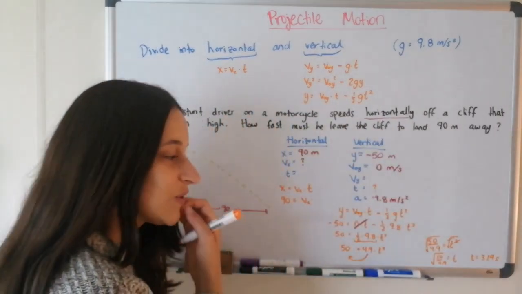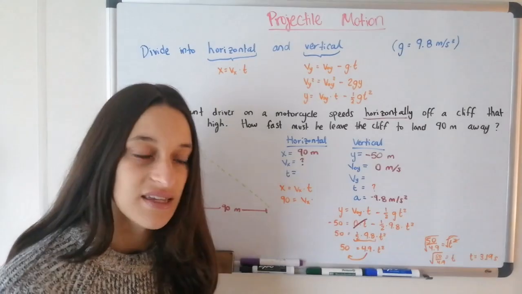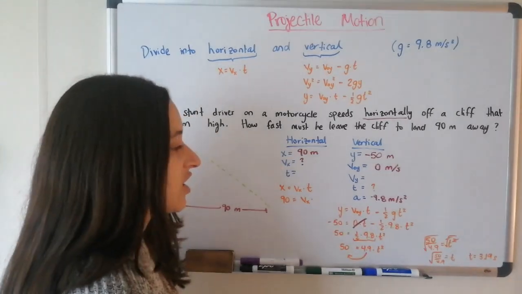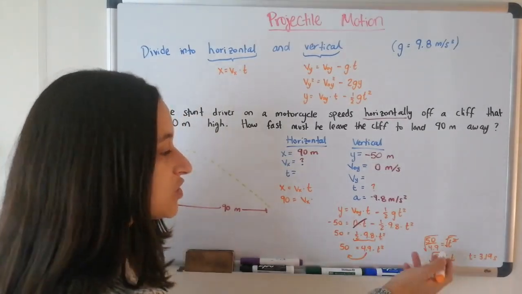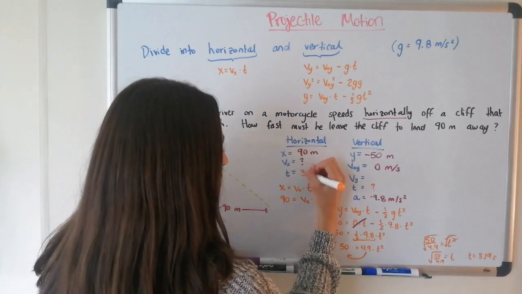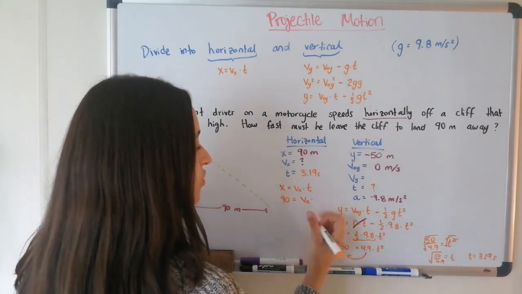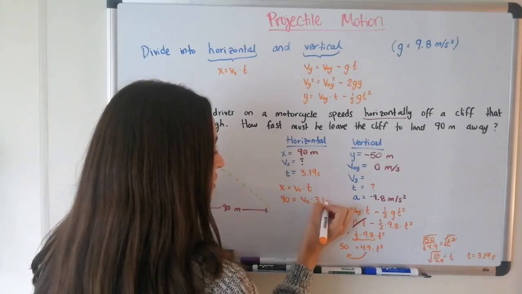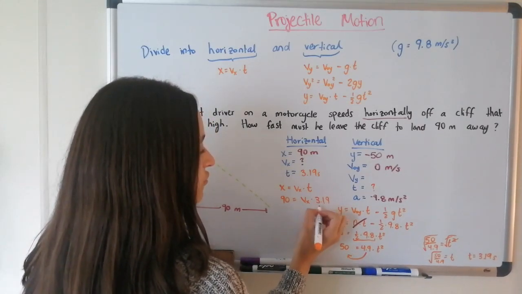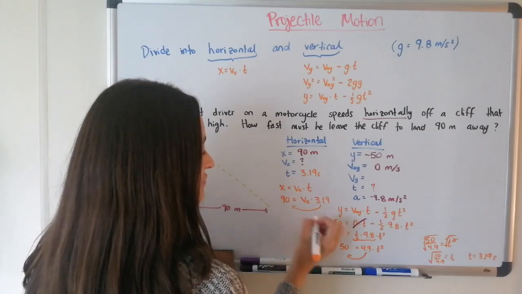So this we can get using our calculator by plugging this in. 3.19, you can check it yourselves if you want. So once we have t, we can put it here, 3.19 seconds, and plug it into our horizontal equation. So we need to solve for Vx by passing this to divide.